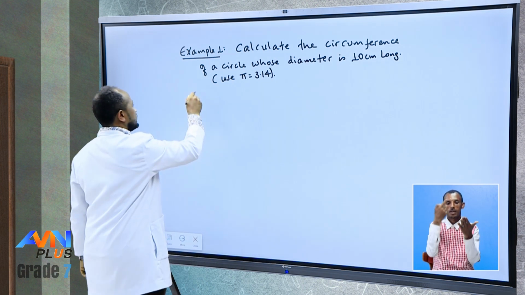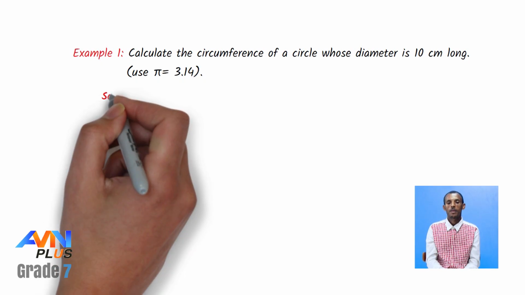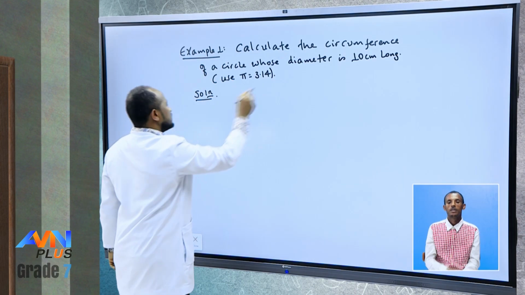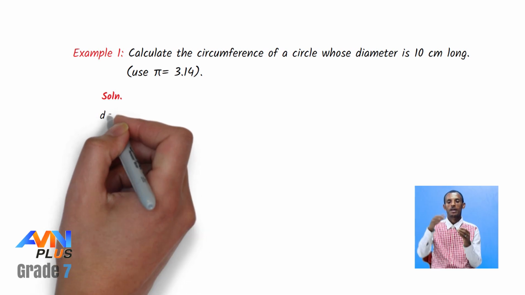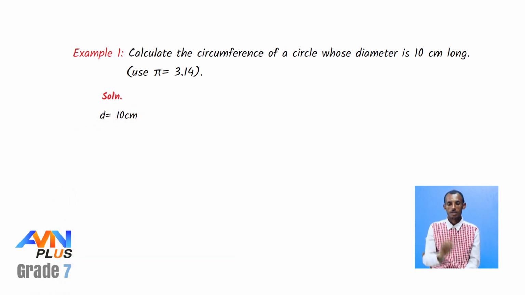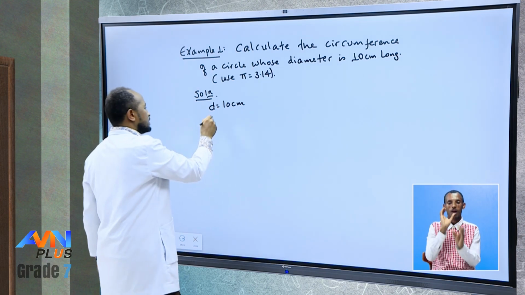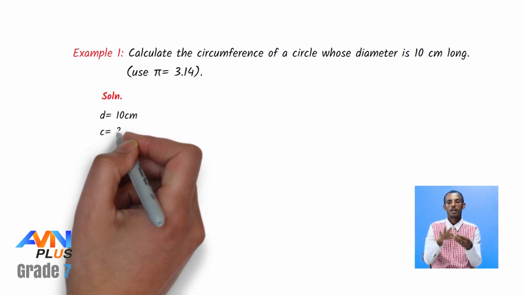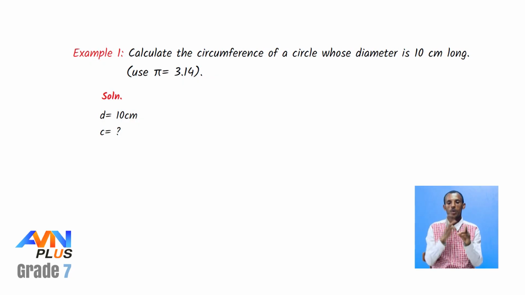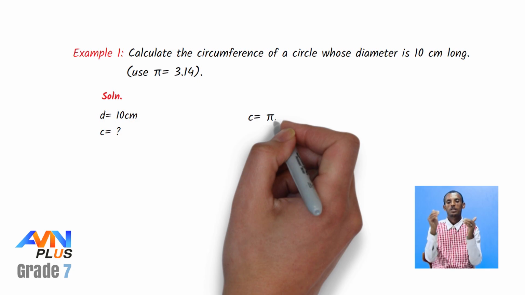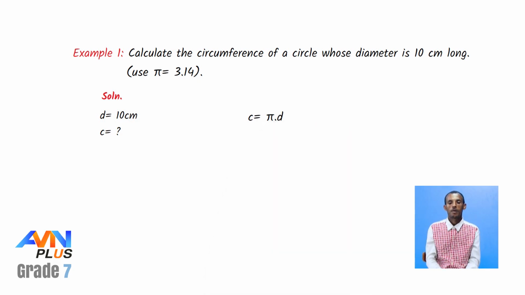Solution. The diameter of the circle is given. The diameter is 10 centimeter. We are asked to calculate the circumference of the circle. So how do we calculate the circumference? As we derived the formula earlier, circumference is simply the product of pi and diameter.